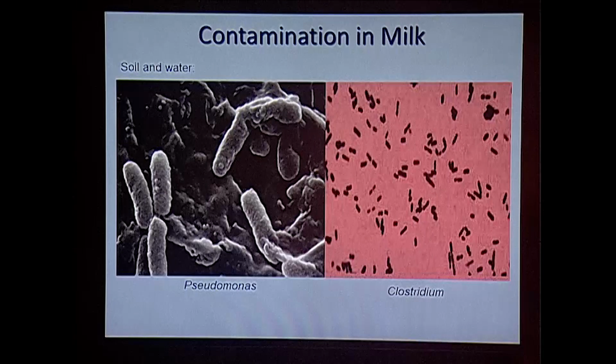The other sources of contamination are soil and water. Soil generally contains plenty of bacteria. The most common bacteria residing in soil are Clostridium and Pseudomonas. The cow feeding on this kind of soil will ingest the soil containing the bacteria, and thereby the bacteria can have a chance to enter the milk stored in the udder.